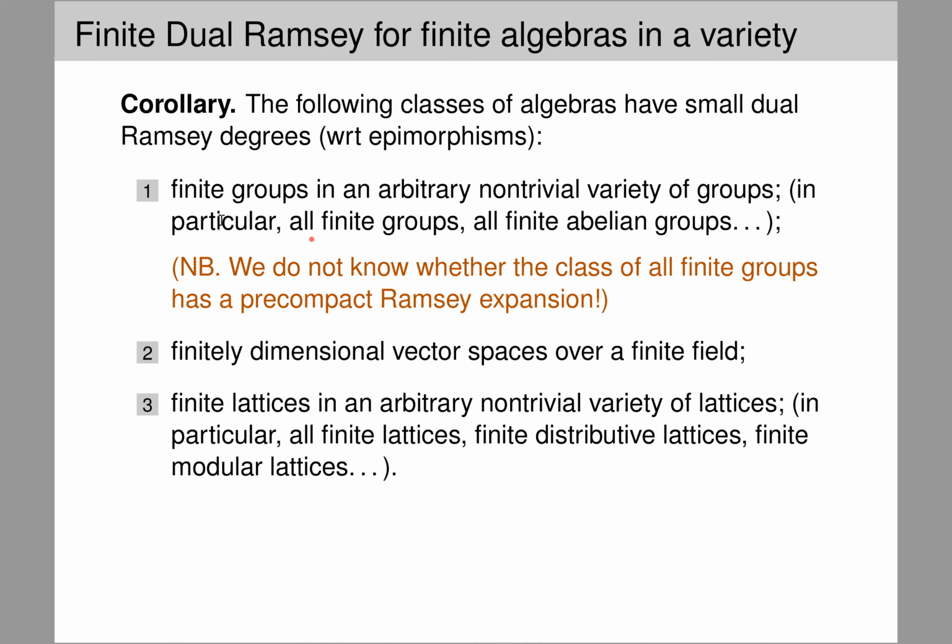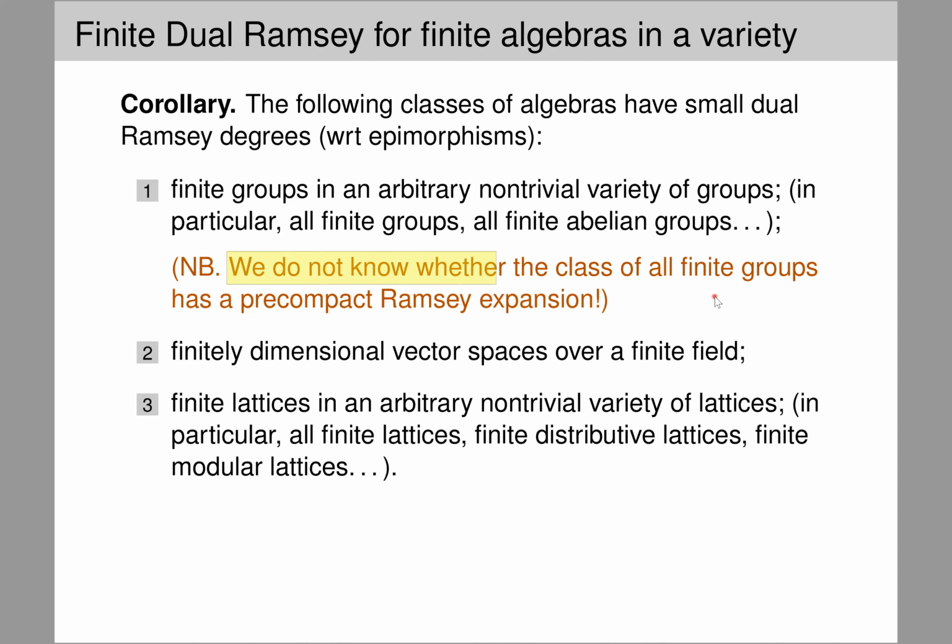What's particularly interesting is that as a trivial consequence, finite groups in an arbitrary non-trivial variety of groups have small dual Ramsey degrees. It's an open problem, and we don't know at the moment whether the same is true for the direct Ramsey property. If you take the class of all finite groups, does this class have any kind of Ramsey property?